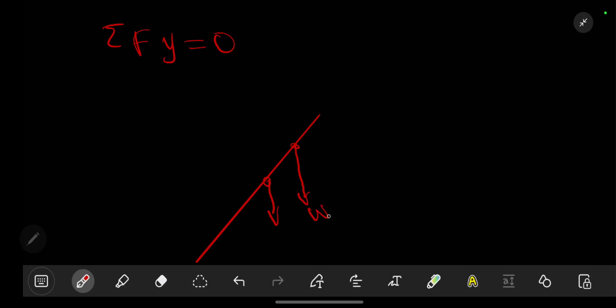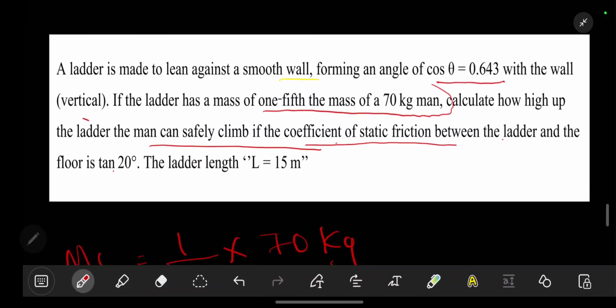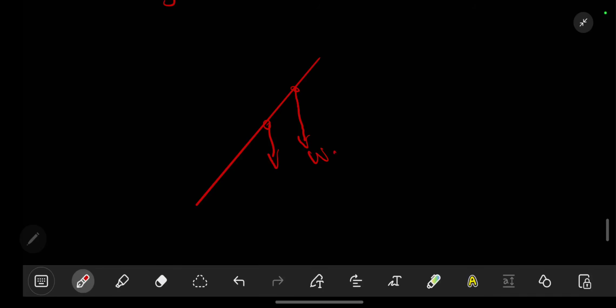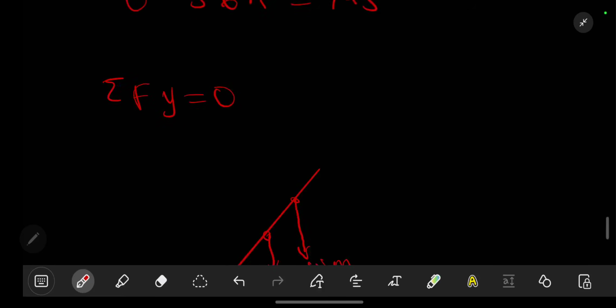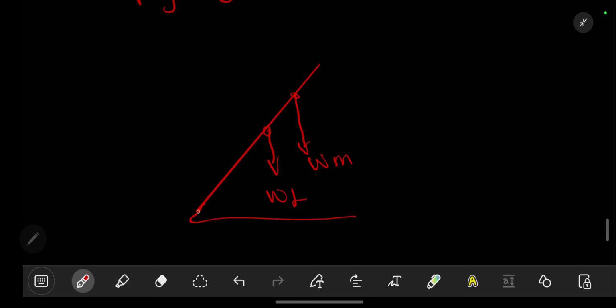So we have the weight of the man, or what's the man's position. Let's just call it the weight of the man and the weight of the ladder, like that. Remember, we have the upward force, which is the normal force.